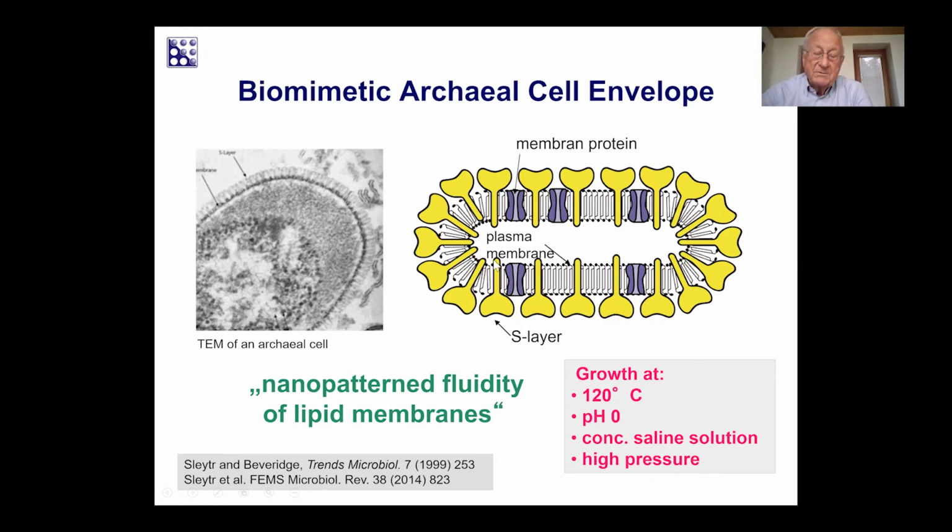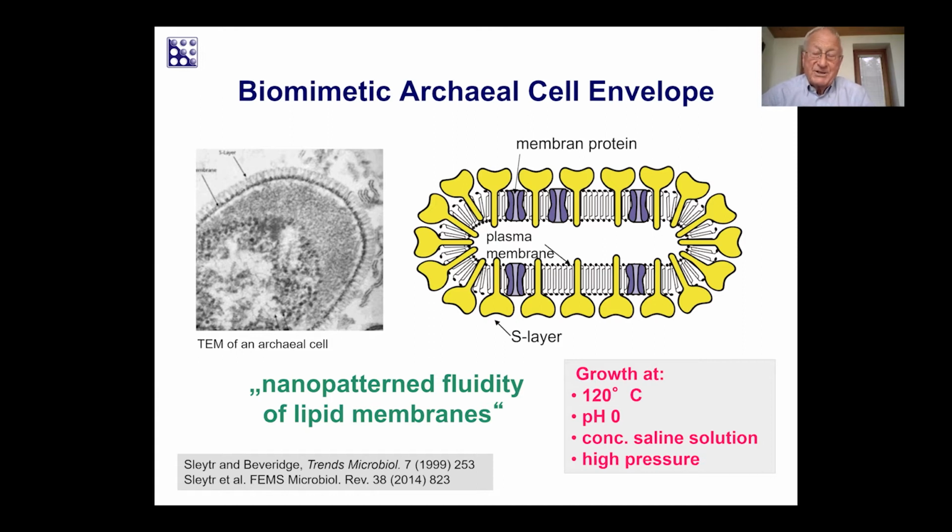But what we found by different methods is that such a system generates a nano-pattern fluidity of the lipid membrane. And this might be the reason why some of these organisms can grow under extreme environmental conditions, like 120 degrees centigrade, low pH, a concentrated salt solution, or even at high pressure.